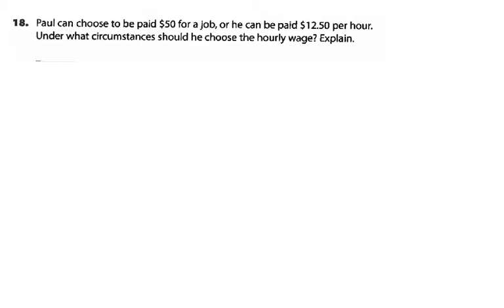And this is an essay question on there. So I just want you to explain this answer to me. What I'm going to do is work it out mathematically on here and show you how this works out, okay? So Paul can get paid $50 or $12.50 an hour. So the first thing I'm going to do is set it up with a table here, okay?